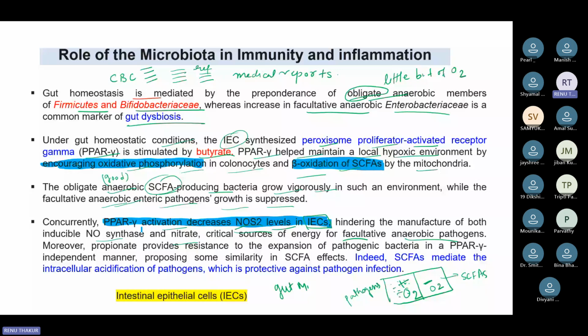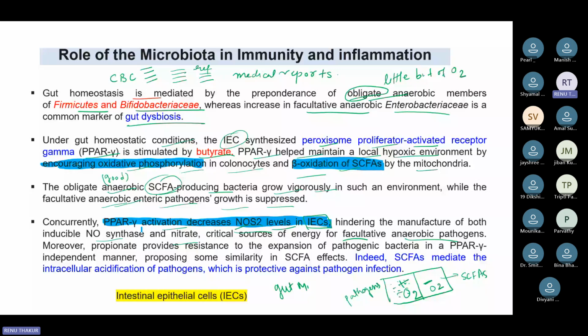So this nitrate will be split into simpler molecules and then consumed by the facultative anaerobic pathogens, which are the main threat for our body. So what is PPAR gamma doing? It is not providing the condition to provide energy sources for the growth of facultative anaerobic pathogens.